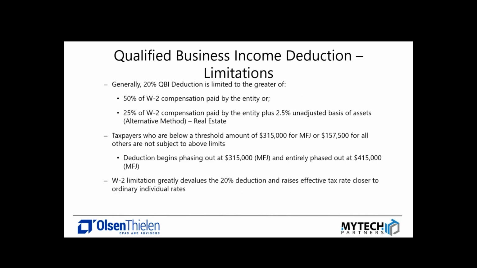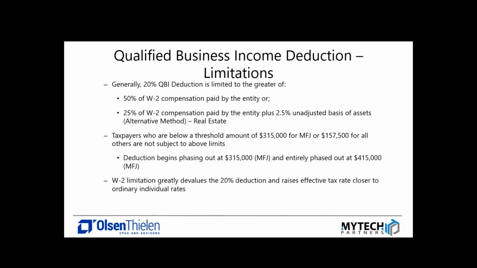There are some limitations. The deduction is limited because Congress wanted to grow the wage base, and grow taxes by increasing its base. They wanted companies to pay the workers more. So to mirror that policy incentive, they enacted this limitation where the deduction is limited to the greater of 50% of W-2 compensation paid by the entity.